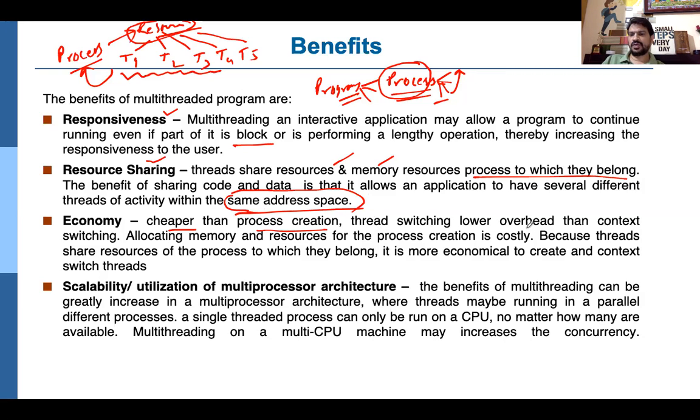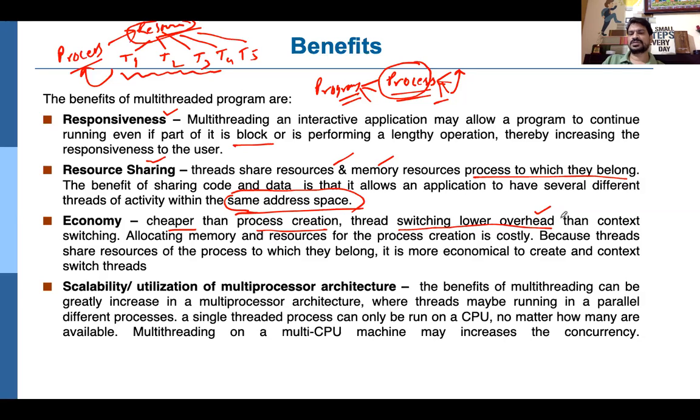Thread switching has lower overhead, as context switching also has lower overhead. Why? Because when we talk about responsiveness, we have seen that when we have heavyweight processes and want to switch between two of them, storing the process control blocks of those two heavyweight processes will take a lot of time.